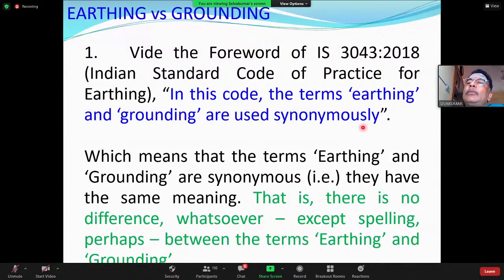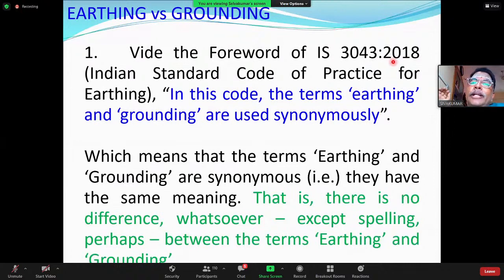Synonymously means they have the same meaning. There is no difference whatsoever between earthing and grounding as far as the Indian standard on earthing is concerned. That means earthing and grounding imply the same meaning. This is a quote from the Indian standard. This is not my opinion per se. It is what is said in the Indian Standard Code of Practice for Earthing.